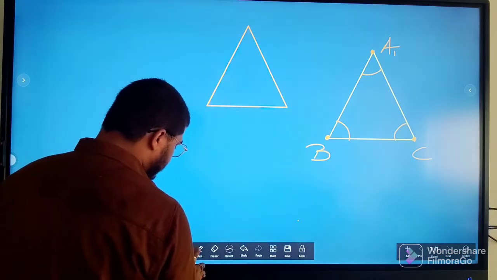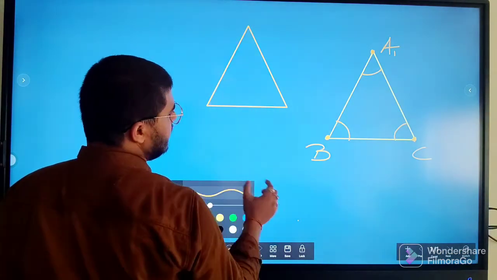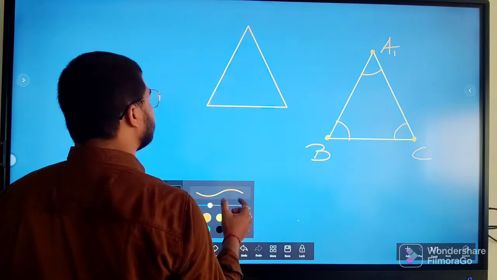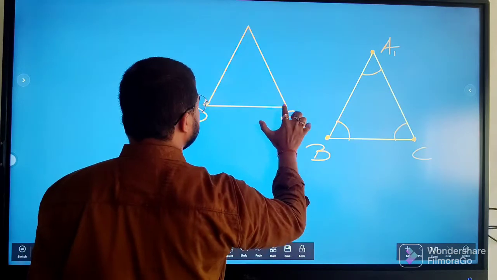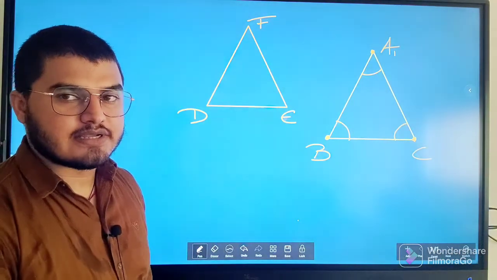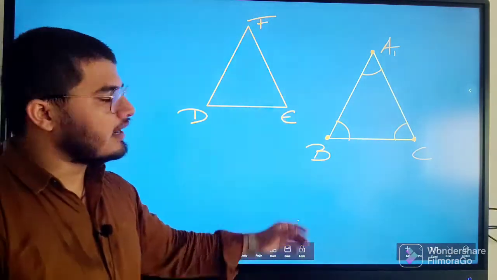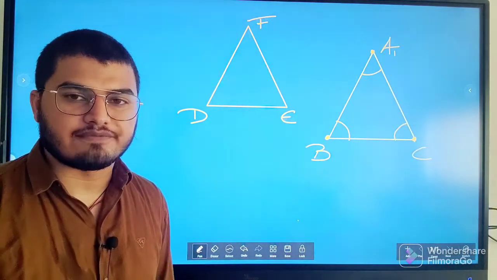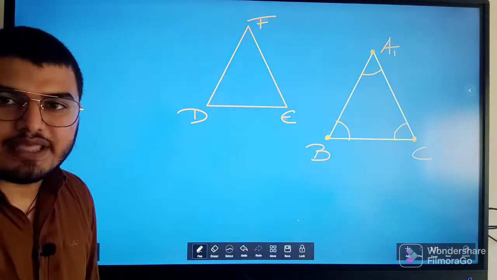Let us say there is one triangle ABC and another triangle, and what is after ABC? I am forgetting ABCD now. Okay, D, E, F. At least I remember the ABCD. So ABC and the other triangle is DEF, right?